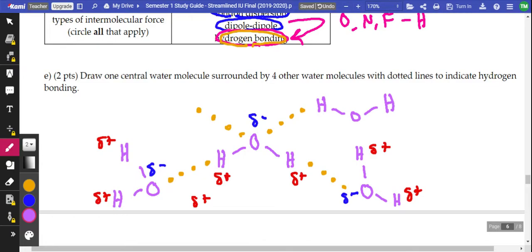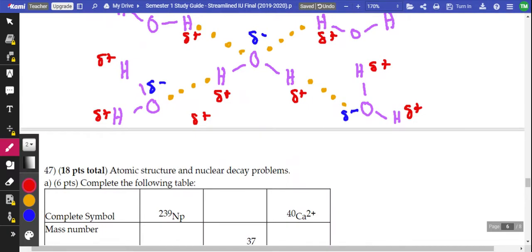Okay, and I can do kind of the same thing over here. Okay, where our hydrogens are partially positive. Okay, and then if I wanted to, I could put all the rest of the partial positives, but I think you get the idea. All right, let's keep going.